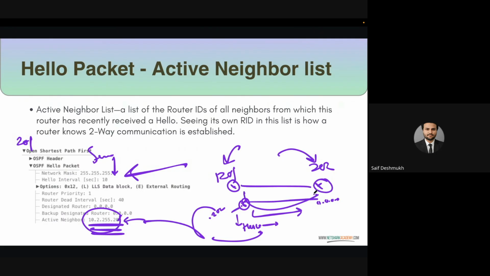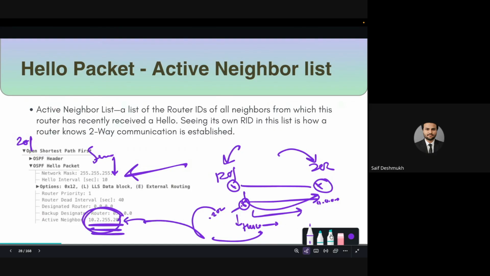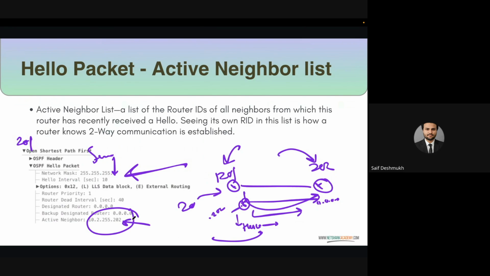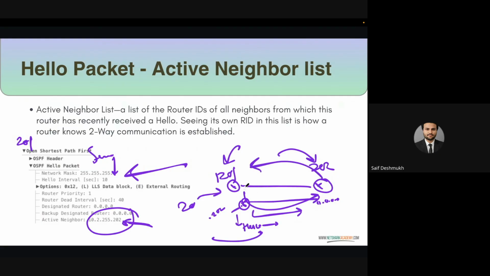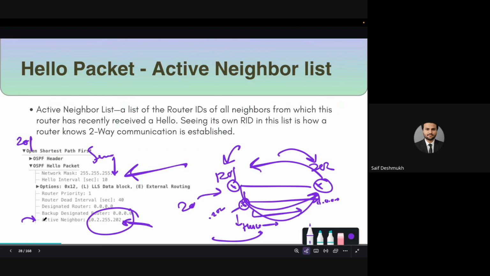It's to tell them, hey 202, I have received your earlier hello that you sent me. When 202 receives it, it knows, okay, the earlier hello that I sent out was received and the guy is replying back. It's kind of acting as a reply in this case.